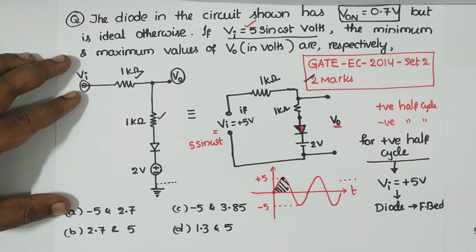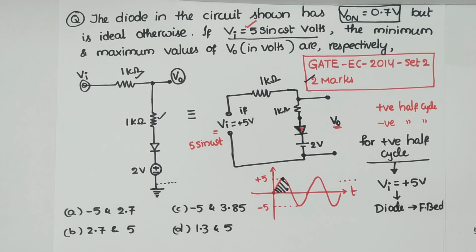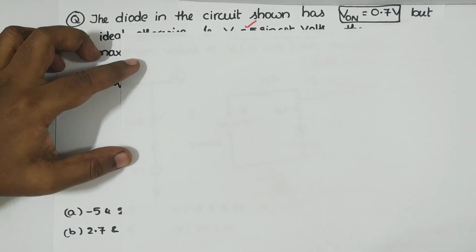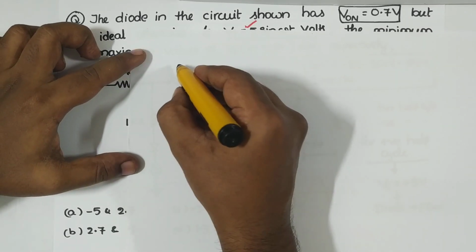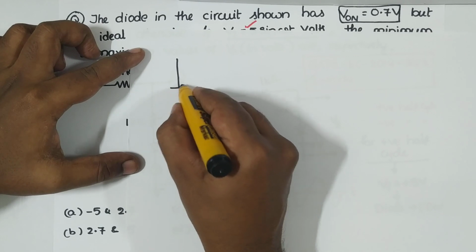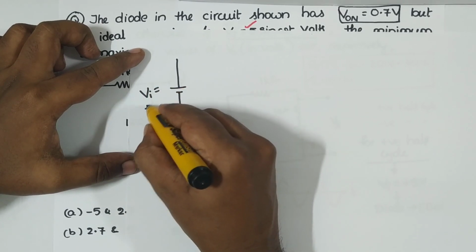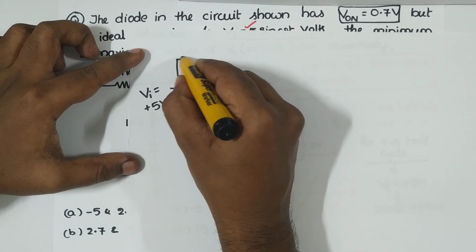So this diode is on, so I will take the on voltage as 0.7. Let me take another page. Now for the positive half cycle, I have V input equal to positive 5 volt.